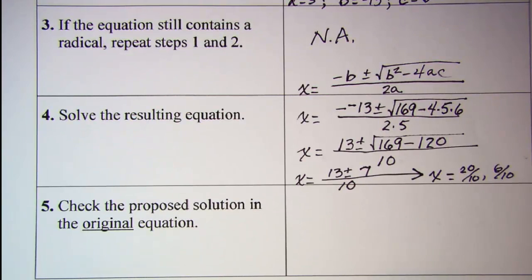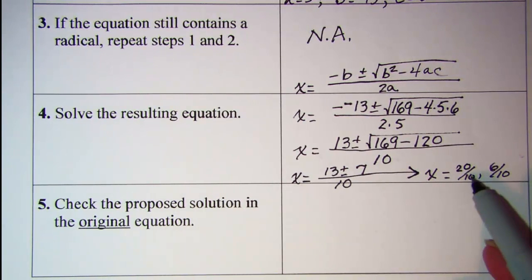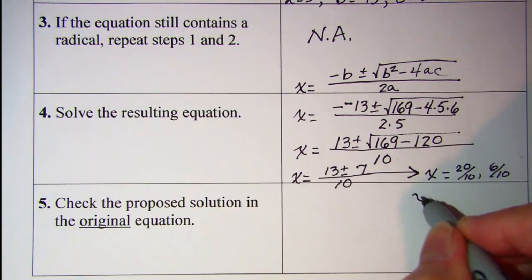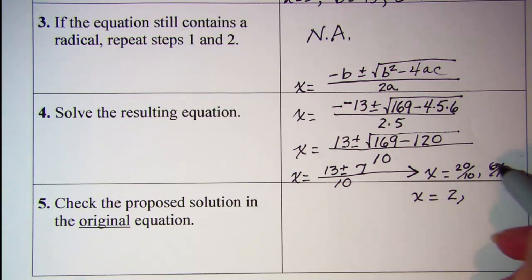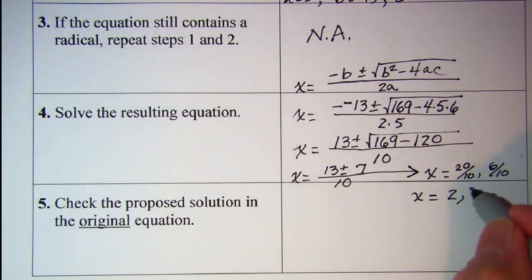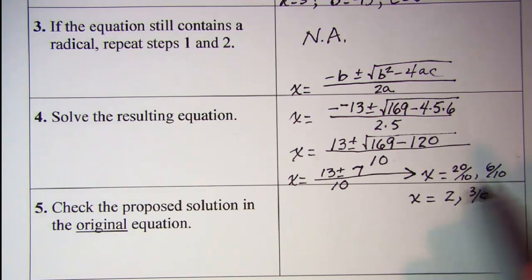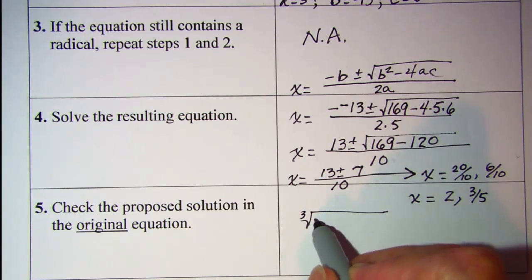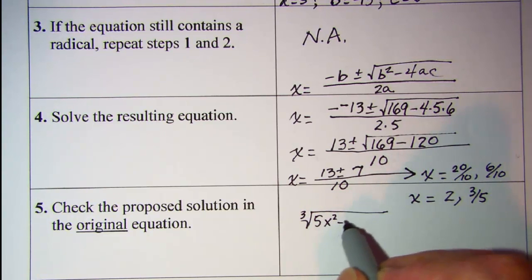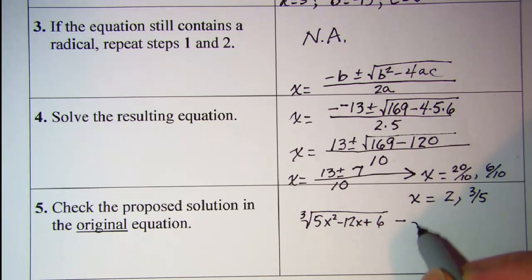My last step is to check the proposed solution in the original equation. Let me simplify these fractions also. So I have 20 over 10 is 2, and 6 over 10 is 3/5. Now my original equation, let me write that here: cube root of 5x squared minus 12x plus 6, and I want to subtract from that the cube root of x.